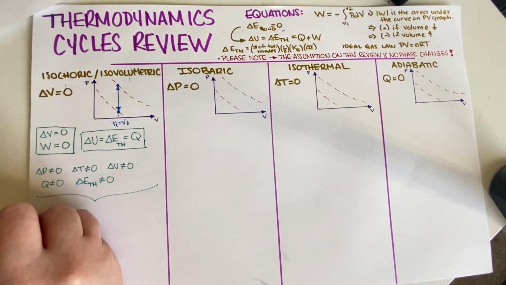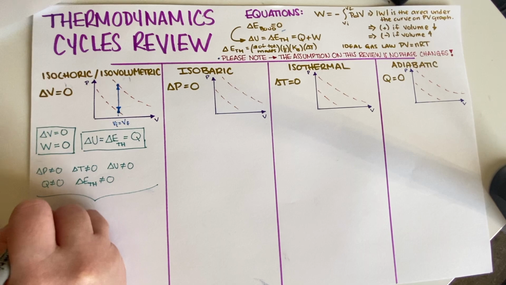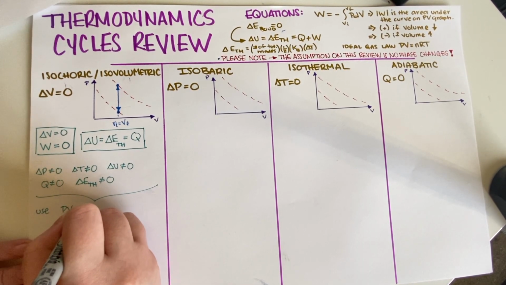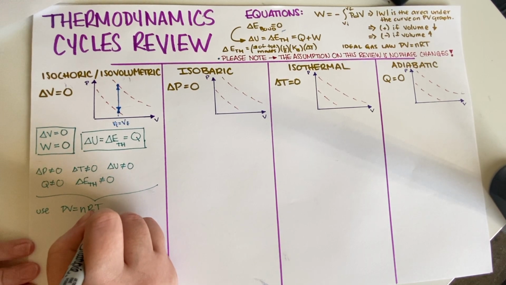So you would use your ideal gas law, PV equals nRT.